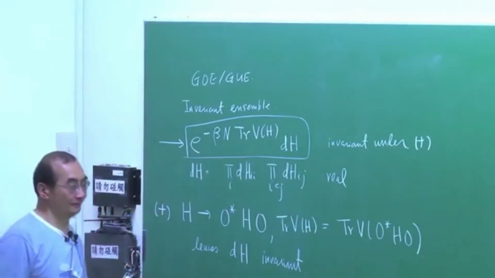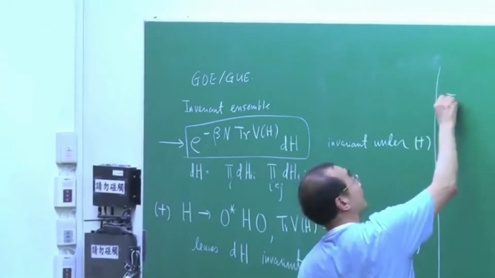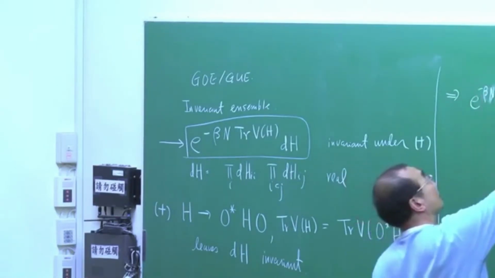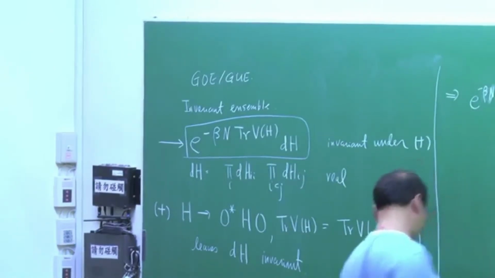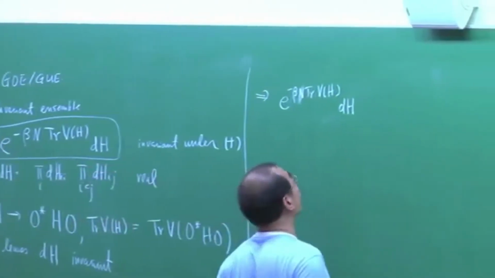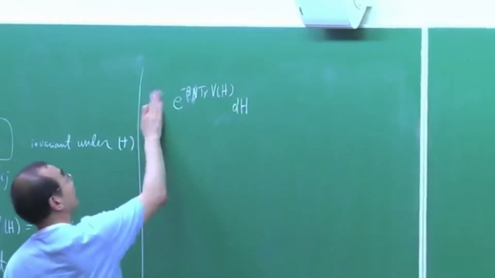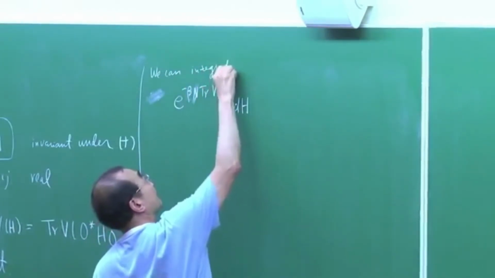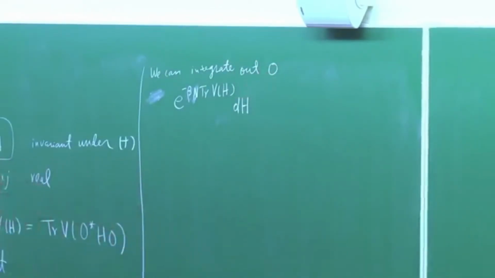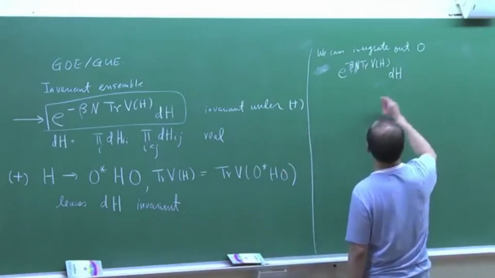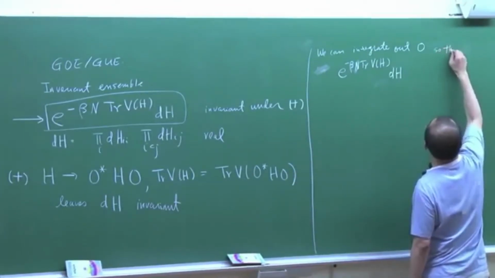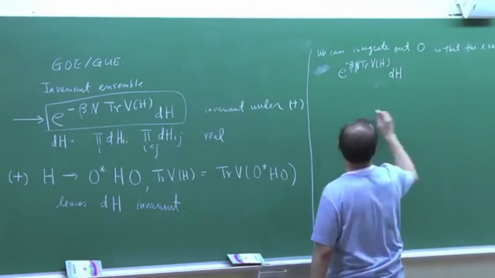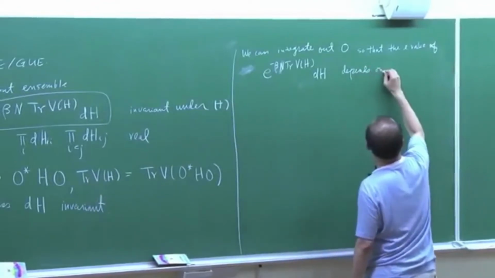Okay, so this implies that e to the minus beta n trace V of H dH, you can integrate out the O. In other words, the eigenvalues depend only on eigenvalues.